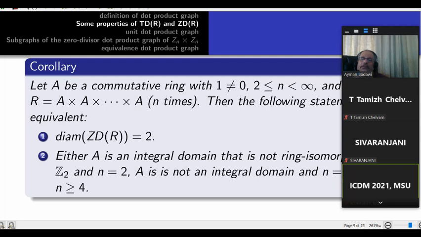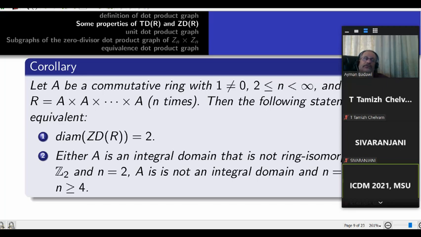The same thing here: we studied diameter 3, and now diameter 2. When is the diameter of the zero dot product 2?